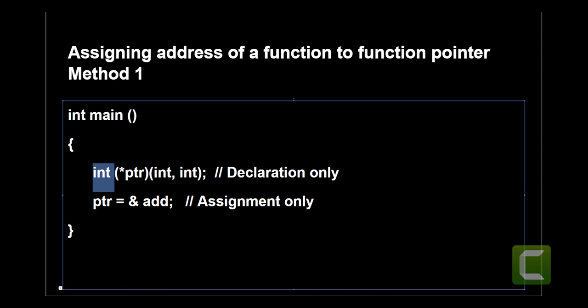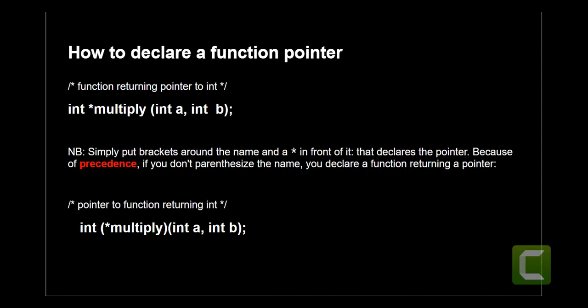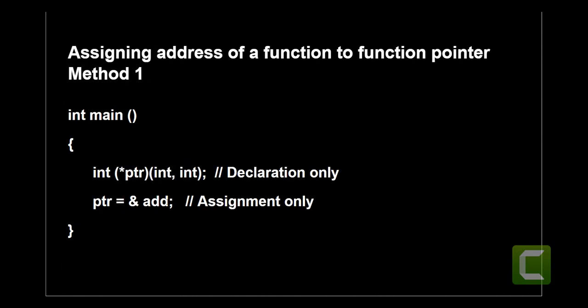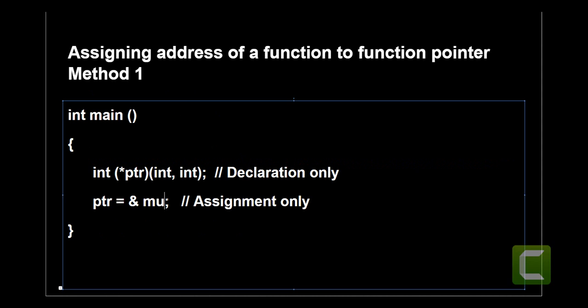So this is how you can declare it by itself. And the next thing is, now we want to get the address of our function, which we have looked at previously. This is our function, it's called multiply. I think I need to also change it here. It should be multiply.